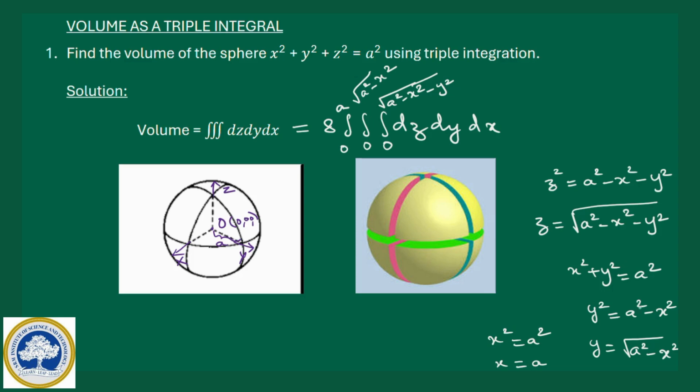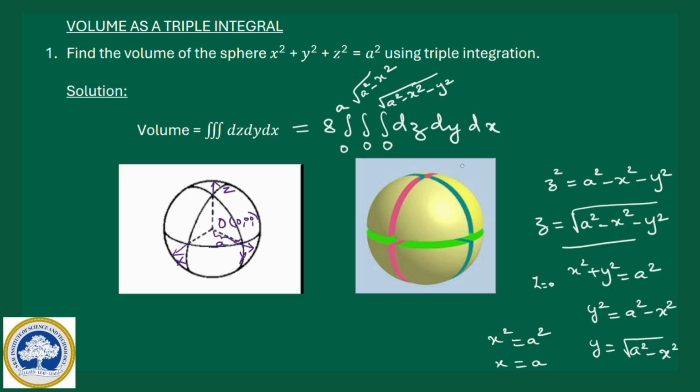So this is the way we have to identify the limits. While calculating the limit for z, directly we can take the z value from the given equation. Next, to find the limit for y, we have to consider z equal to 0, that is, we reduce 3 dimensions to 2 dimensions by making z equal to 0.